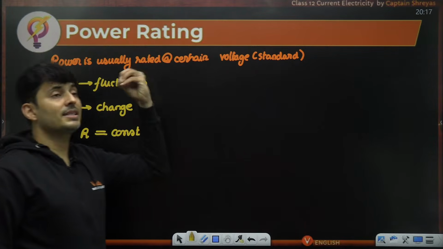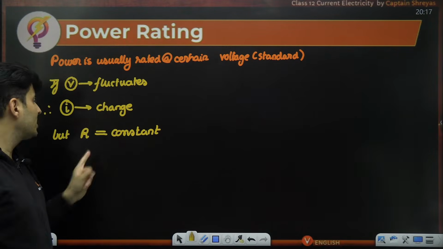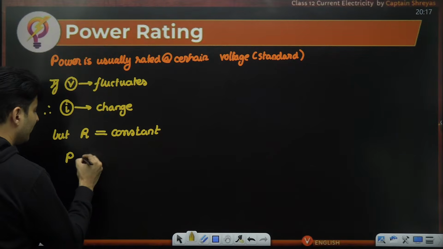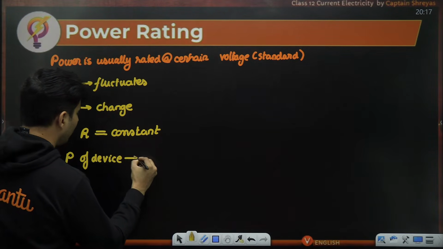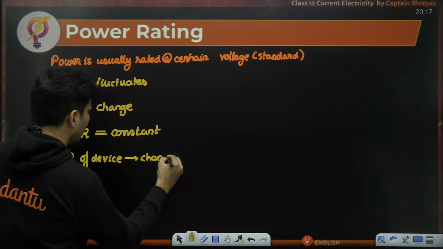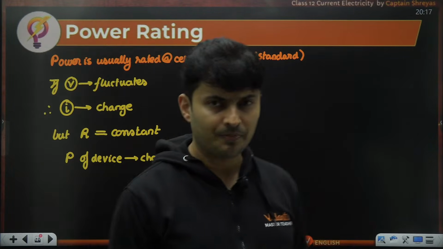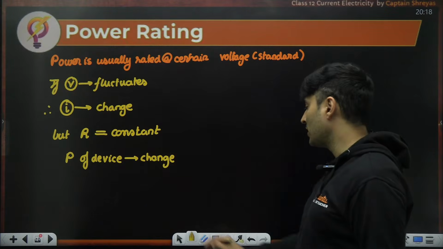Since a power is fixed for a certain voltage, so if the voltage changes, the power of that device will also change. It is only the resistance which does not change.